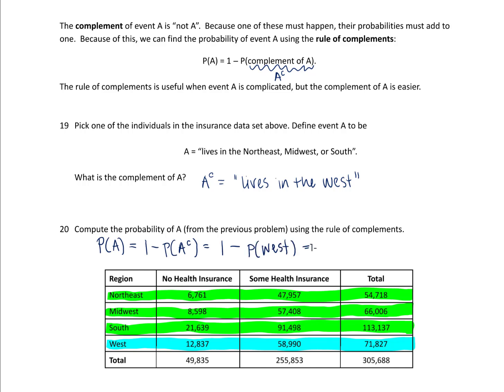Probability of West is again just a marginal probability, so we look at the total who live in the West. That's 71,827 divided by the grand total. We get 0.765. The proportion of people who live in the Northeast, Midwest, or South is around 76.5%.